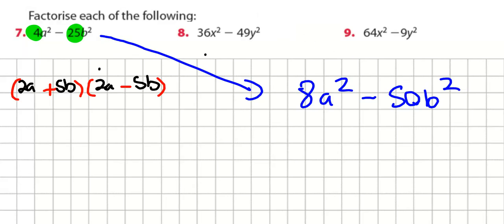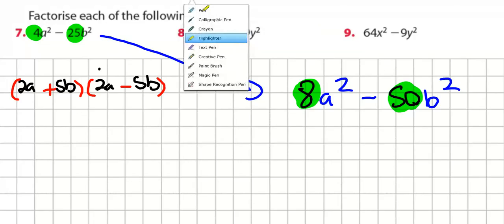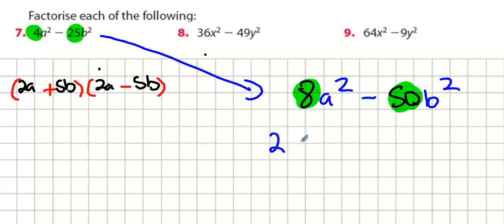You do nearly the exact same thing, except you identify that both numbers are even, or both numbers could be a multiple of 3. You go, wait a minute, both those numbers are even. What does that mean? I can take out 2. And what do I have left over when I take out 2? What's left?